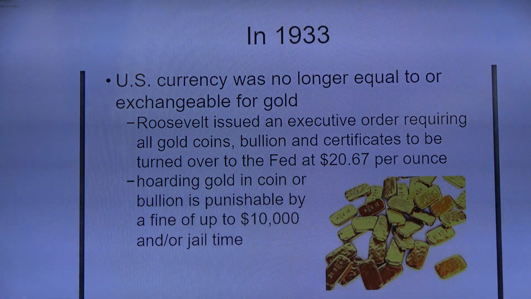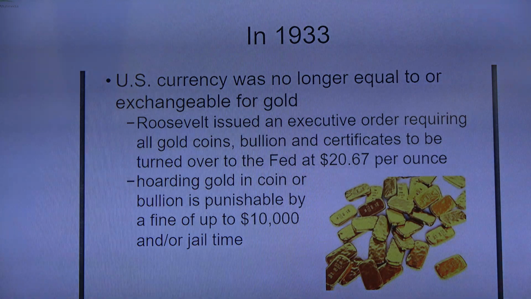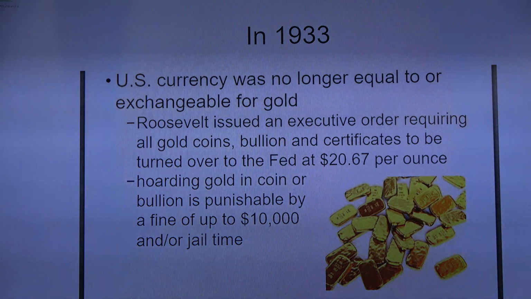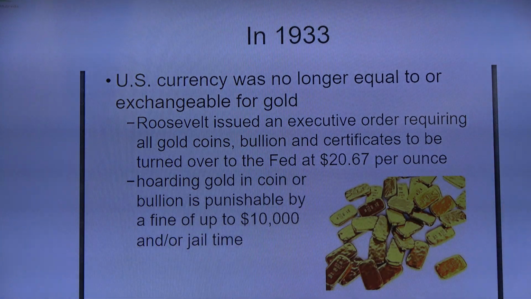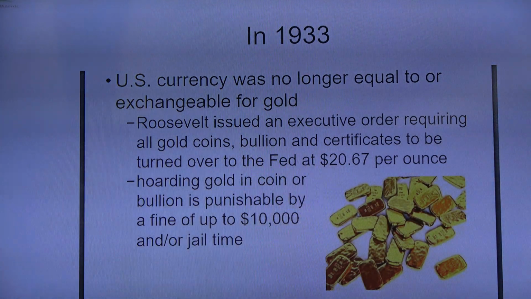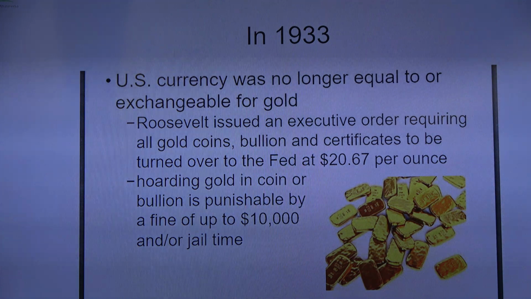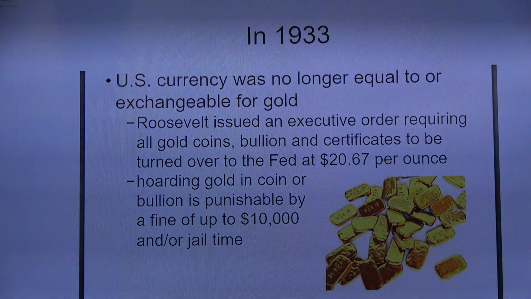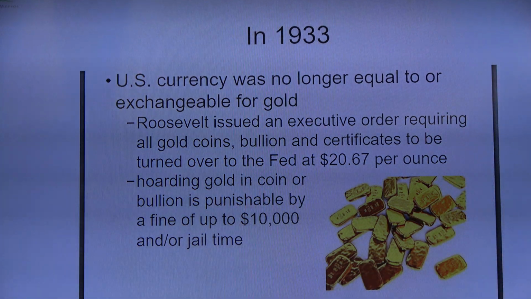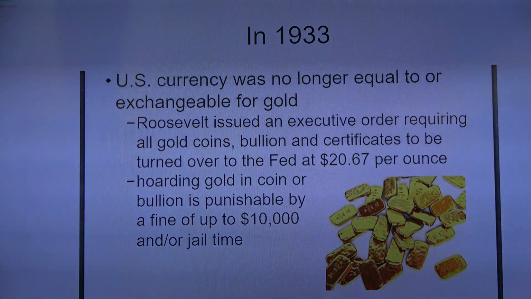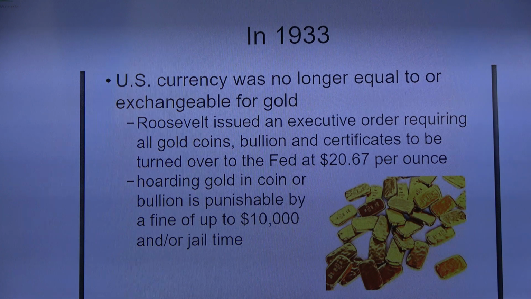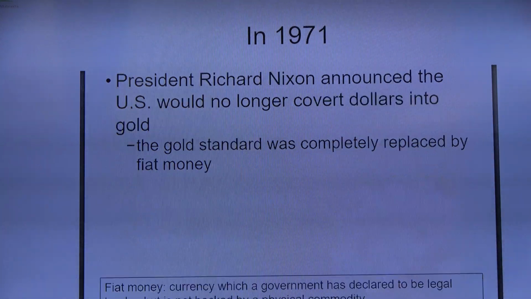So hoarding gold in coin or bullion is punishable by a fine of up to $10,000 and or jail time. So he was serious. He was trying to get all the gold out of circulation. So he had this executive order that required people to turn it over, and he was giving them $20.67 per ounce. And if they didn't, they could go to jail.